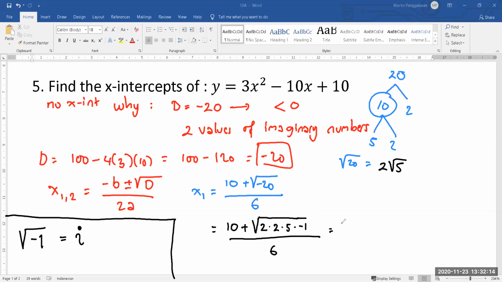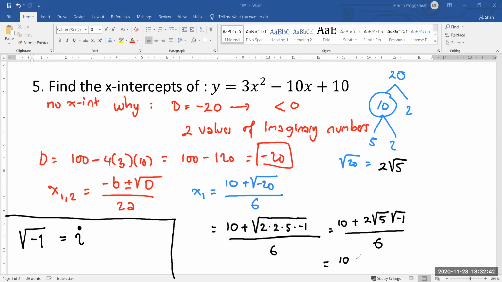So it equals 10 plus 2 square root of 5 times square root of negative 1, over 6. Any questions up until now? Just make sure that you understand this since we will be dealing with this a lot later.